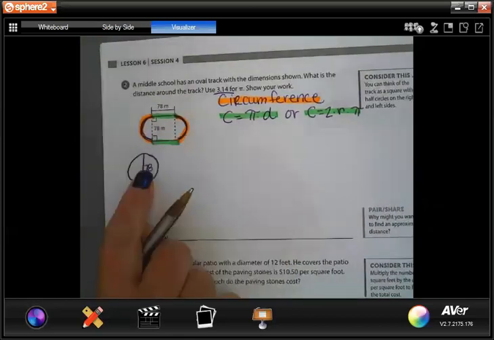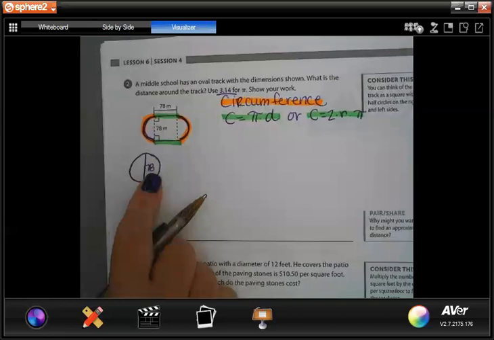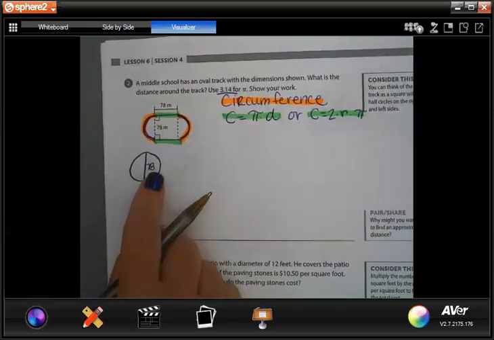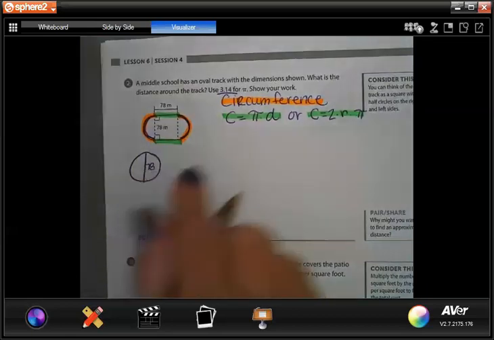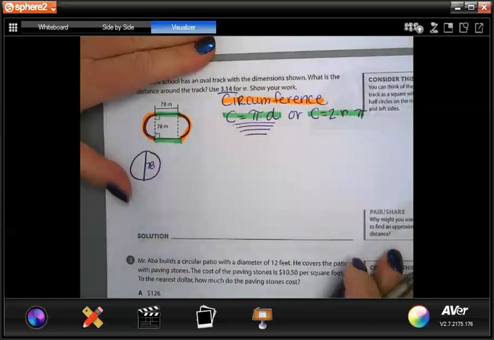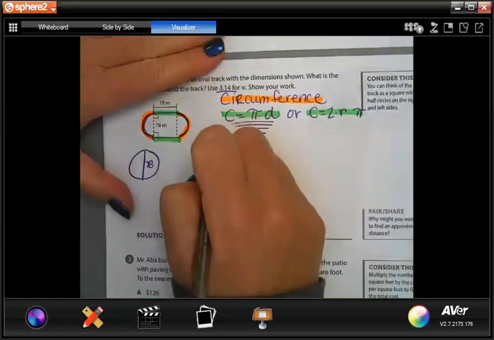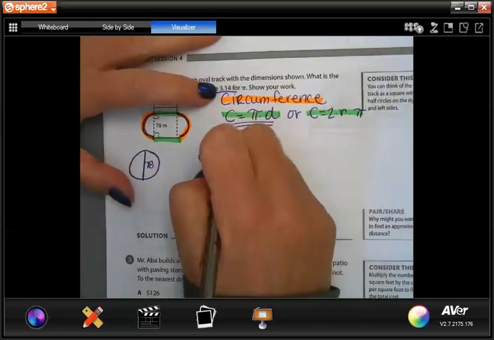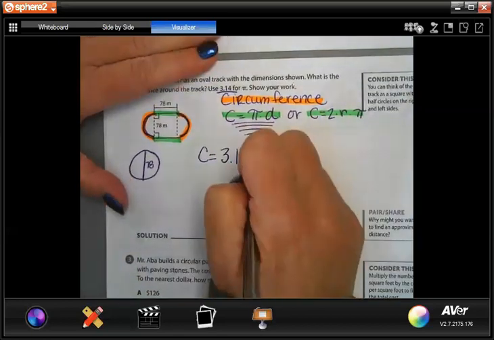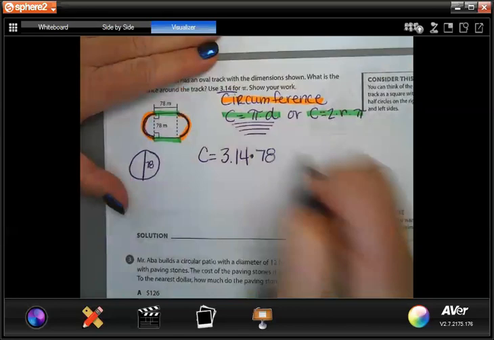So it has a diameter of 78. Since they give us the diameter, I'm going to use this formula right here. So circumference equals pi, well, pi is 3.14, times the diameter of 78.